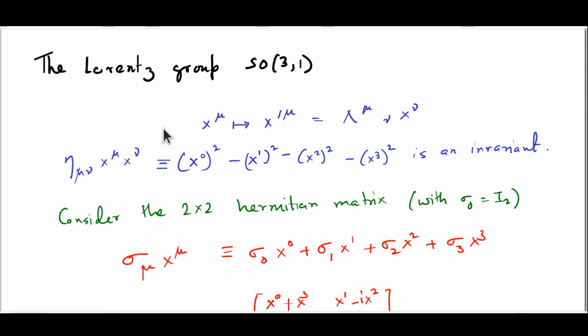Now, there are other ways of designating this. Many people consider the number of positive things in the signature first, so they would call this SO(1,3). Of course, you could also equally well say that minus x0 squared plus x1 squared plus x2 squared plus x3 squared is invariant. These are all equivalent ways of saying the same thing.